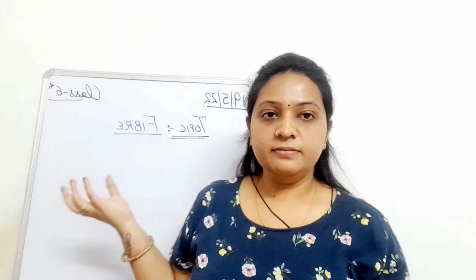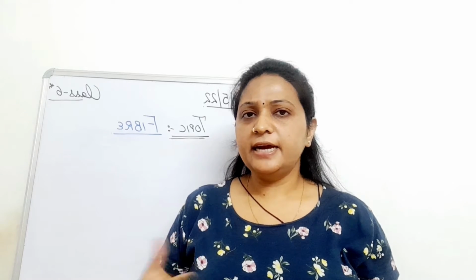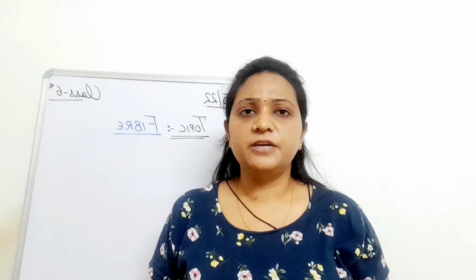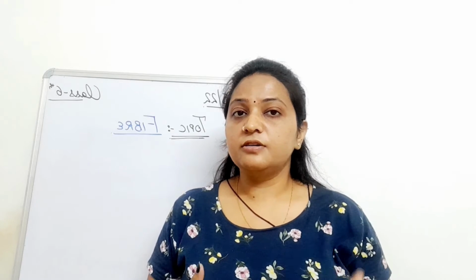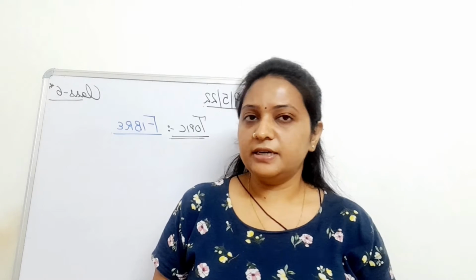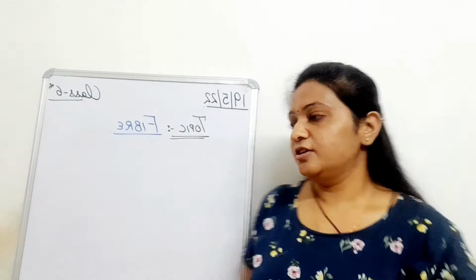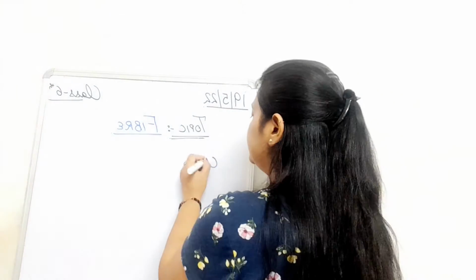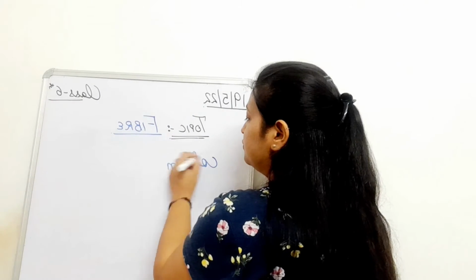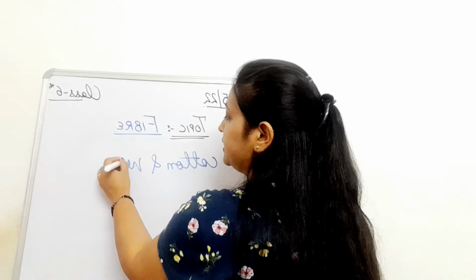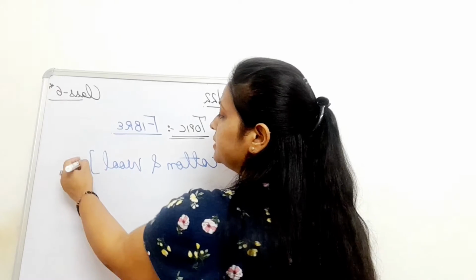Cotton and wool, they are obtained from which part? From animals or plants? Do you have any idea? Yes, cotton and wool, they are obtained from plants.